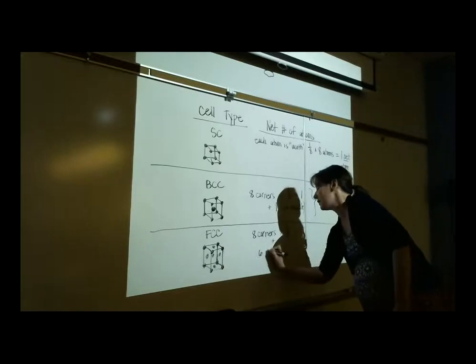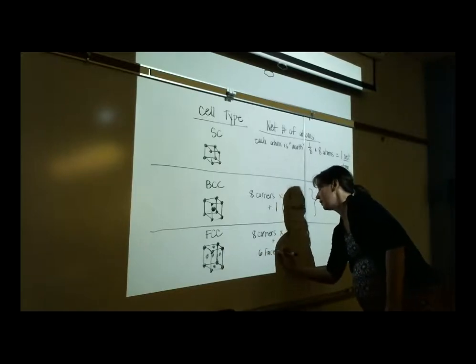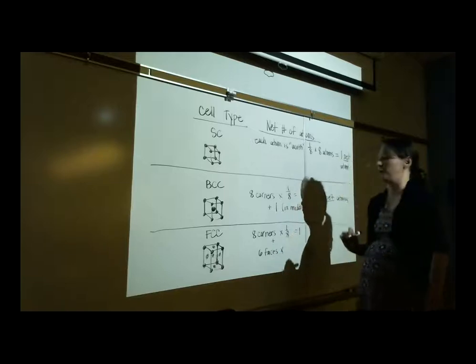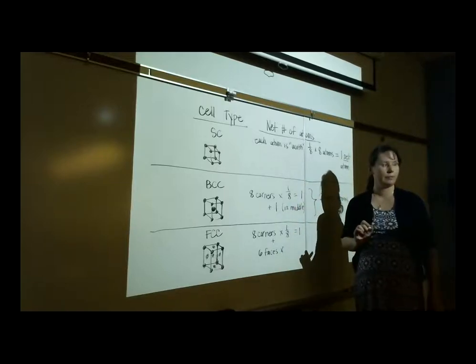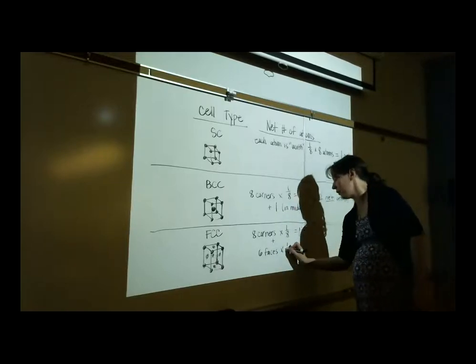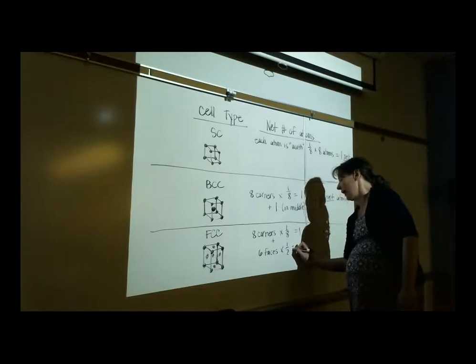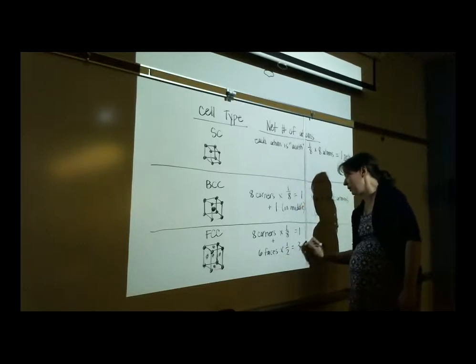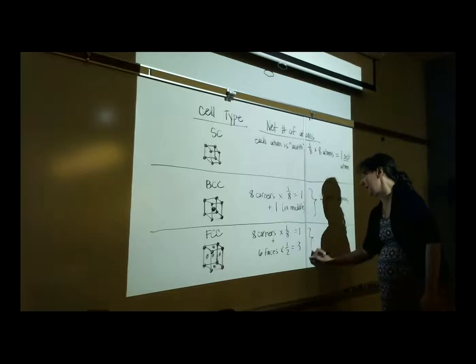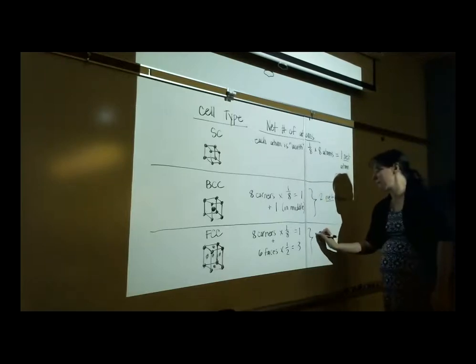Plus 6 faces. And again, how much is a face worth? 1/2, right? So 1/2 of 6 is 3. So that gives us a net of 4.